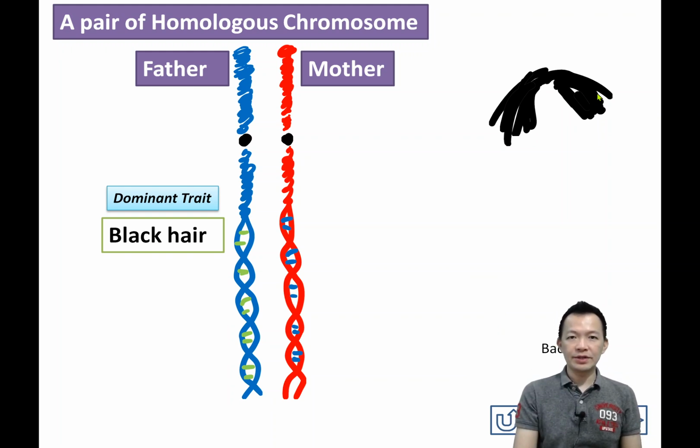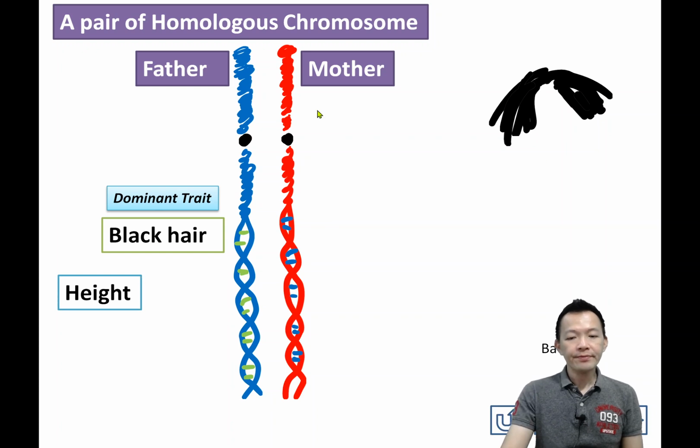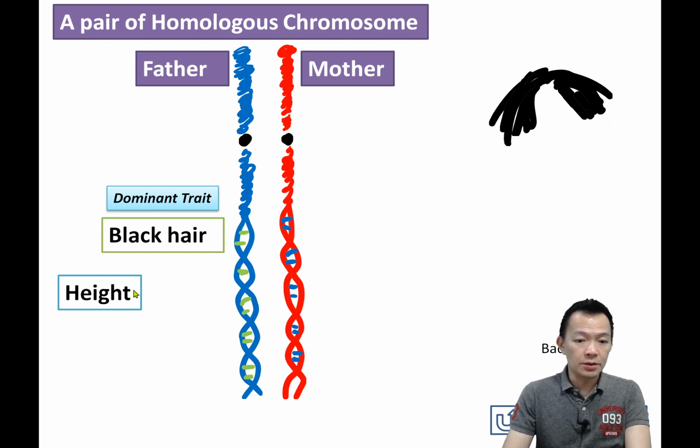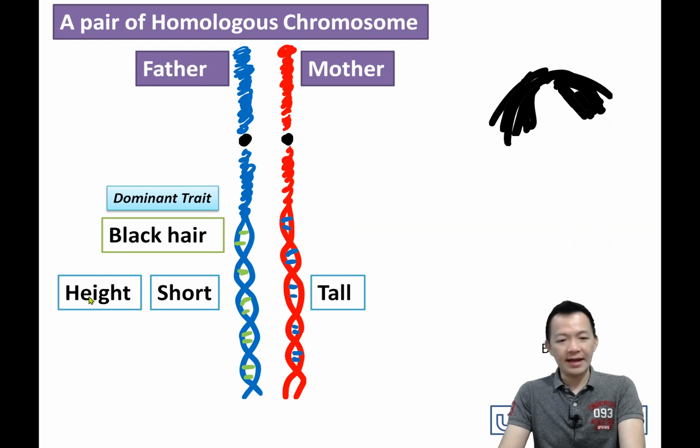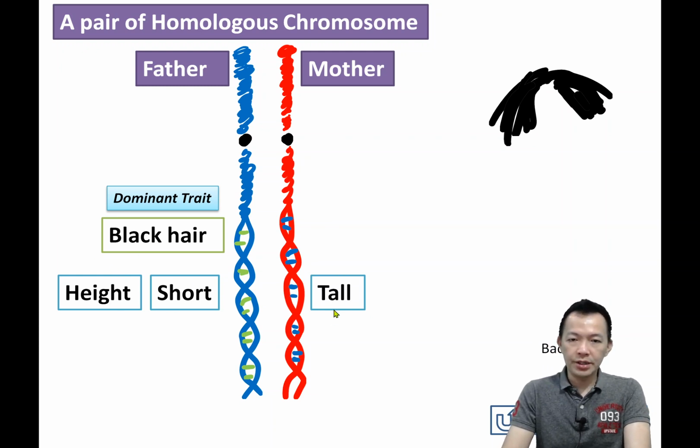This chapter will teach you. Next, they say this pair of genes controls height. Your father is short and your mother is tall. Height is a characteristic, and short or tall are the traits. Normally which one do you follow? Tall is dominant, short is recessive.